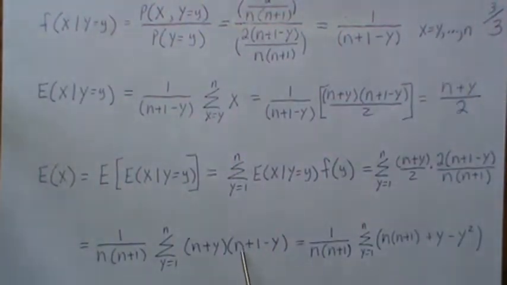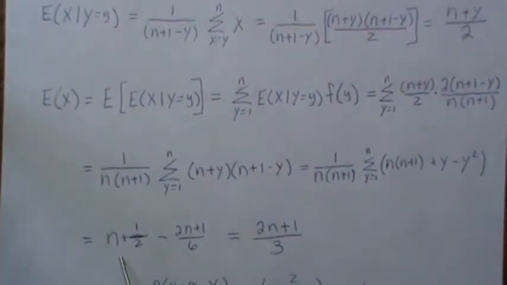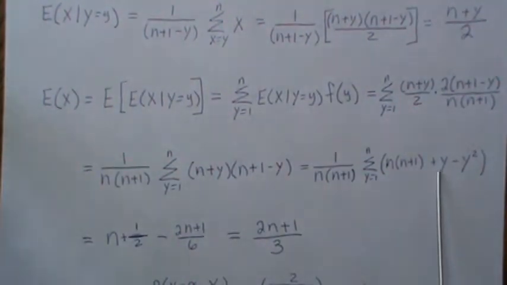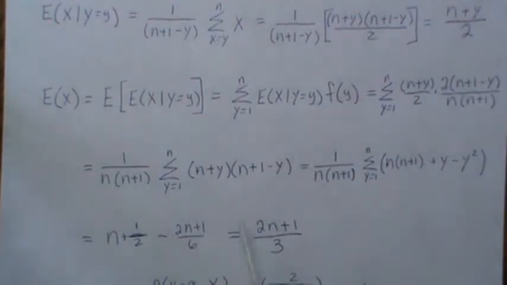Now we multiply this out and we get this, and then we take the sum through each of those, and those cancel, we get n, we get 1/2 here, and then we get minus n plus 1, and those add to 2n plus 1. And notice this is exactly the mean that we calculated from first principles of the expected value of y. So it's kind of neat that this formula does work.